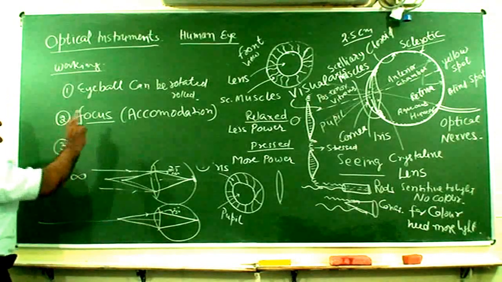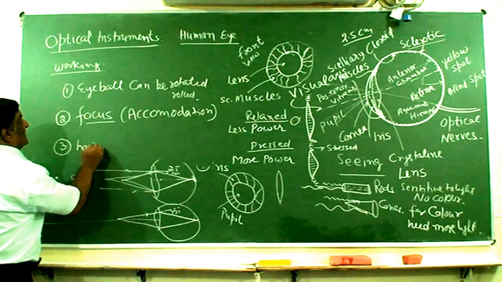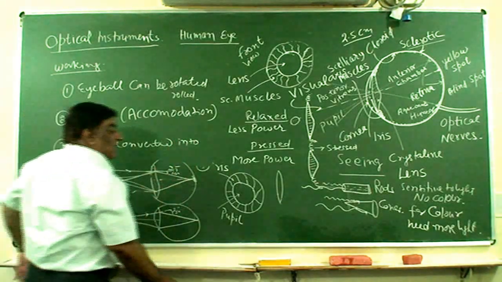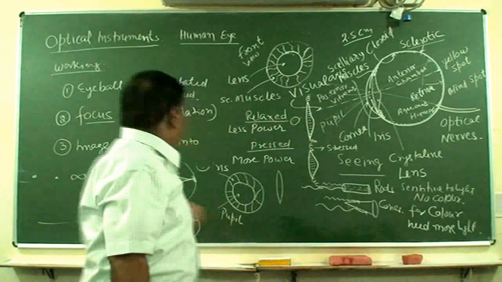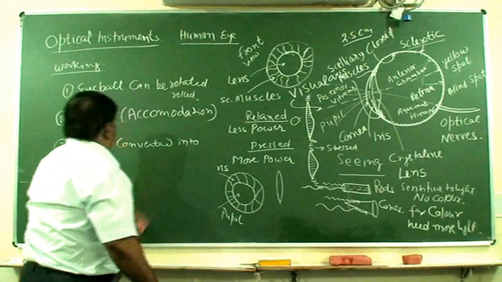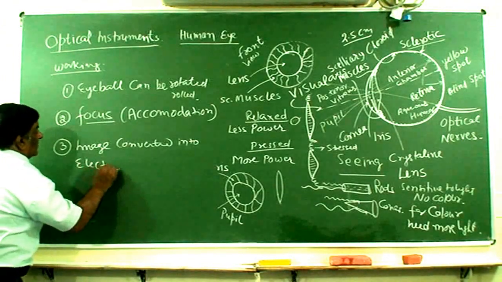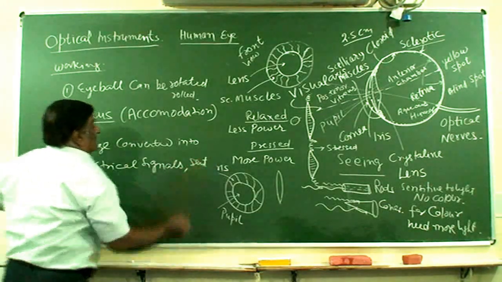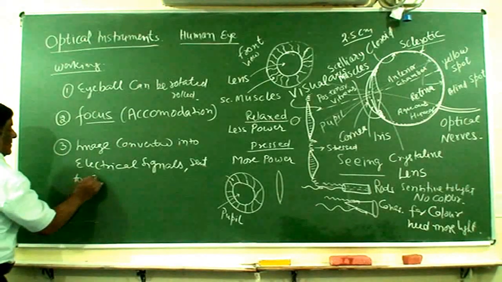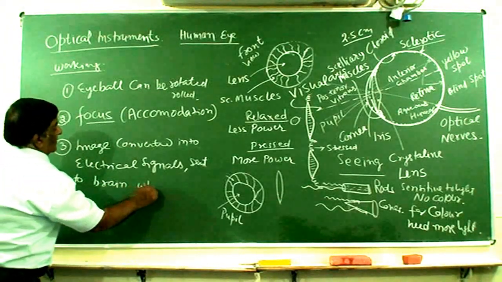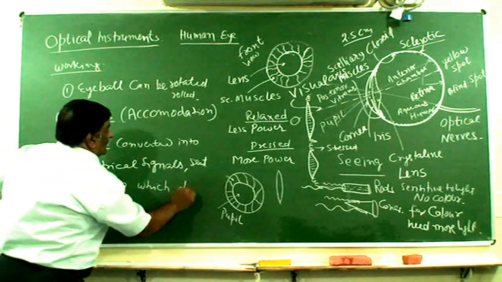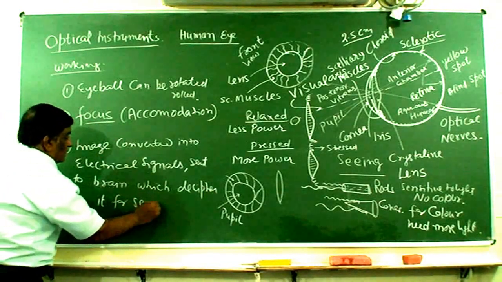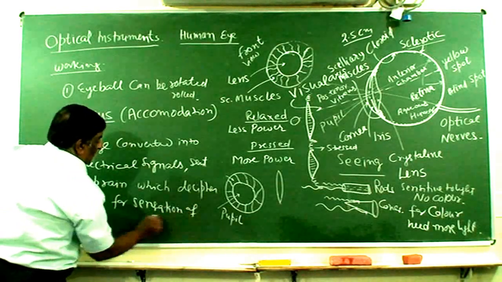And third thing, when the image is formed, then the image is converted into electrical signals, and those electrical signals are sent to the brain, which deciphers them for the sensation of seeing.